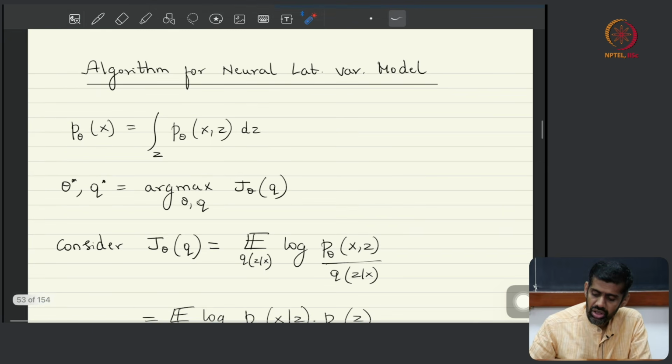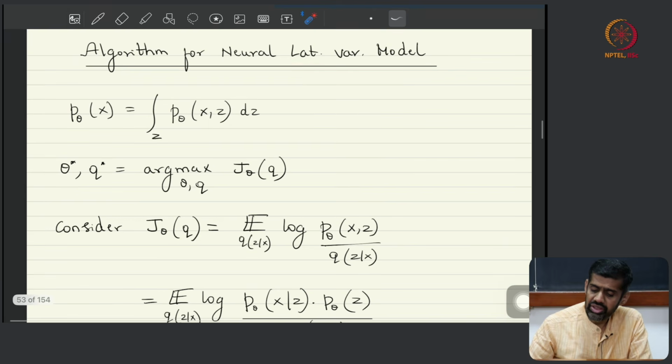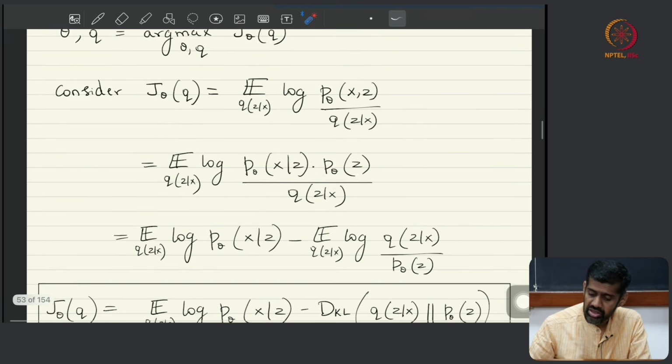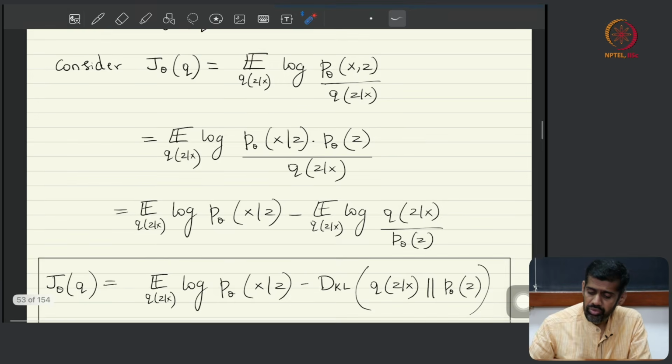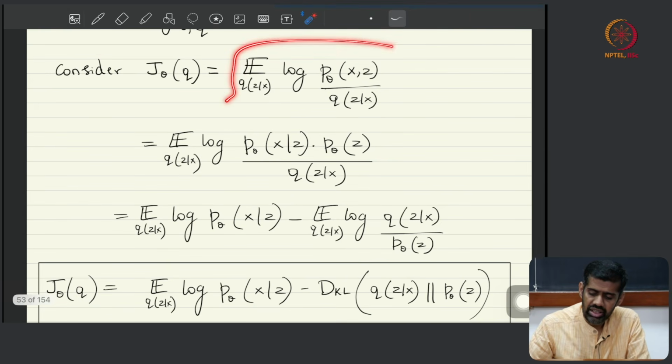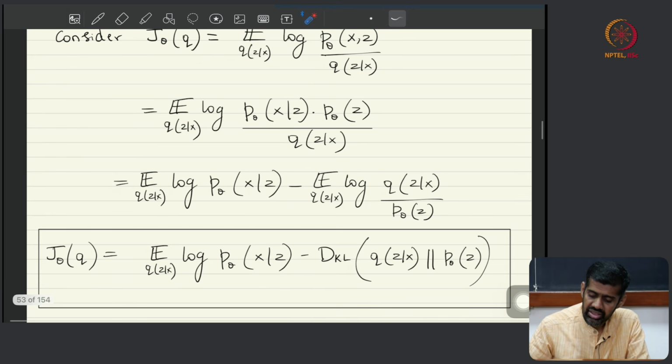Okay, so now we have to come up with an algorithm for this neural latent variable model. So we have all this. Now we will break down the ELBO a little bit more, where we express the joint distribution between the data and the latent variable, p theta of x comma z, as the product of p theta of x given z times p theta of z, and do a bit of algebra.